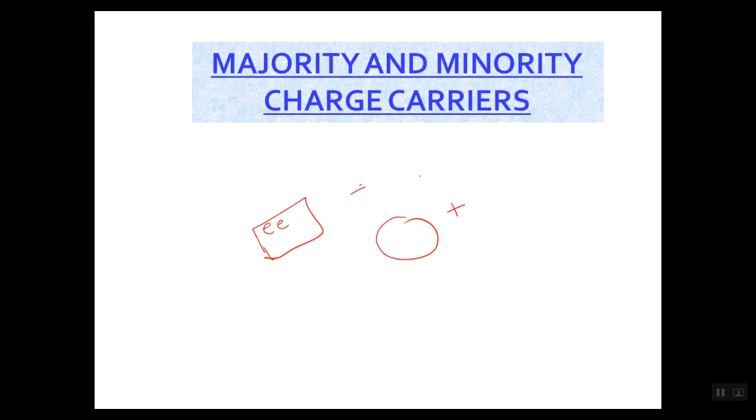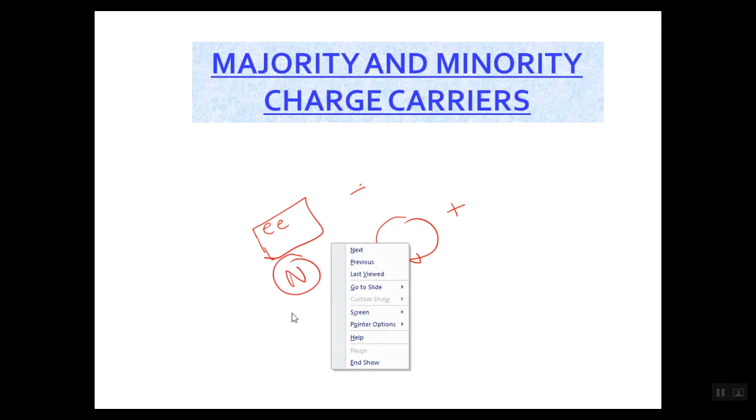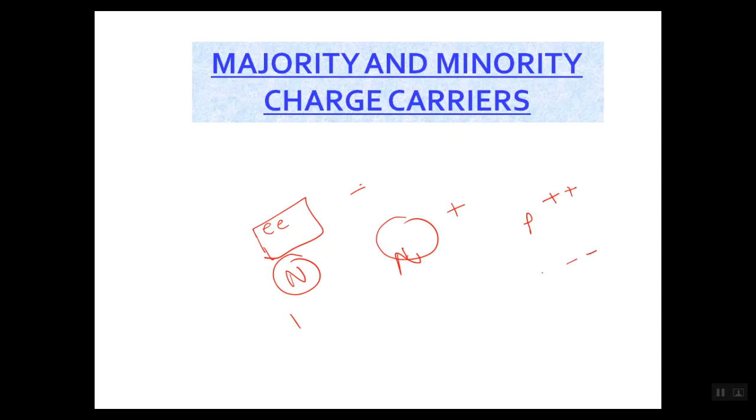Majority carriers are the electrons or holes, whatever is more. In N type of semiconductor, majority carriers are electrons and minorities are holes. Here is P type, majority carriers are holes and minorities are electrons.